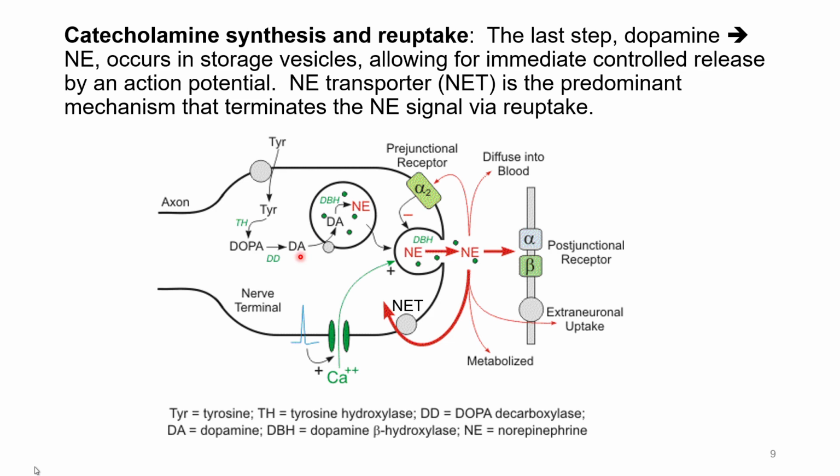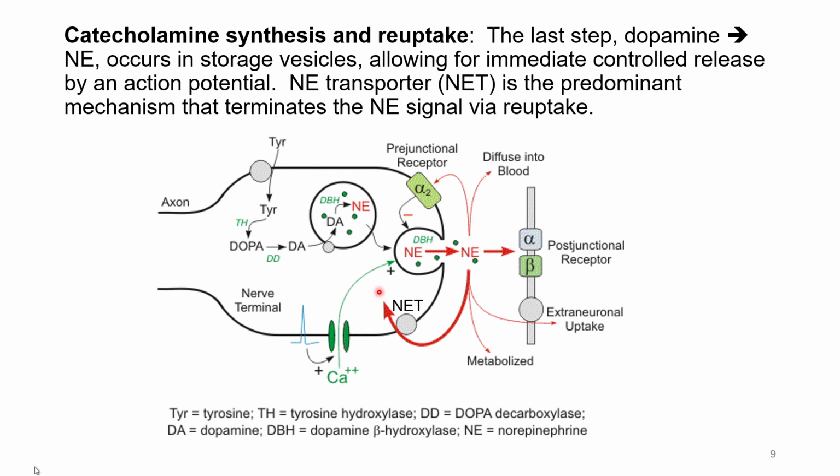Dopamine is then going to be taken up into these secretory granules where the final step of formation of norepinephrine occurs. So there is not lots of norepinephrine floating around just loose in the terminal foot. It's going to be stored in these secretory granules. Then you're going to have some kind of action potential, represented here, coming down the length of the axon, and that's going to stimulate the influx of calcium ions.